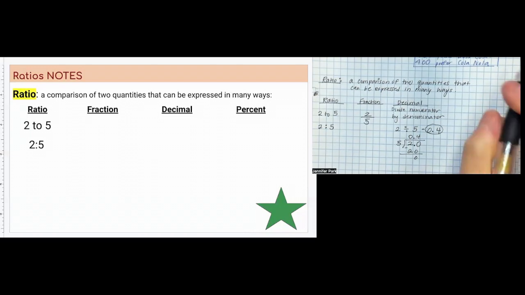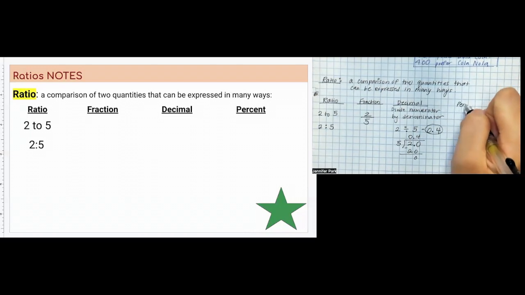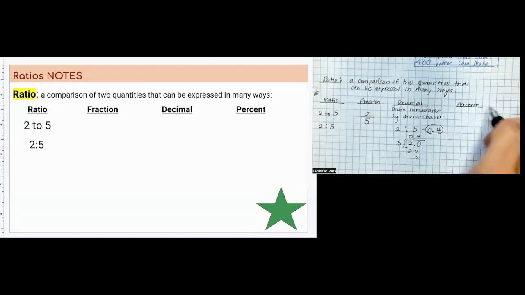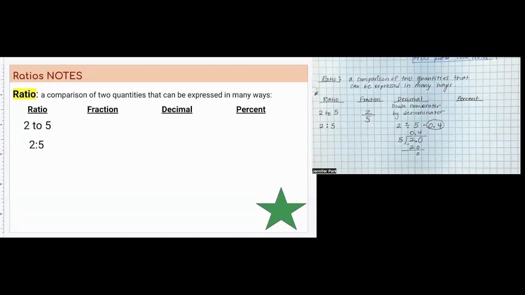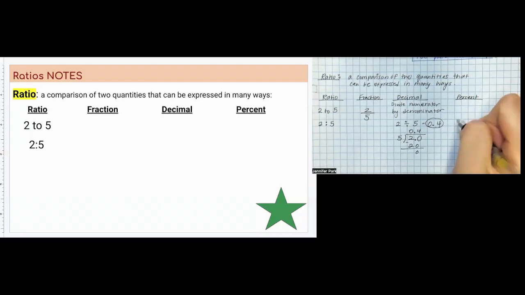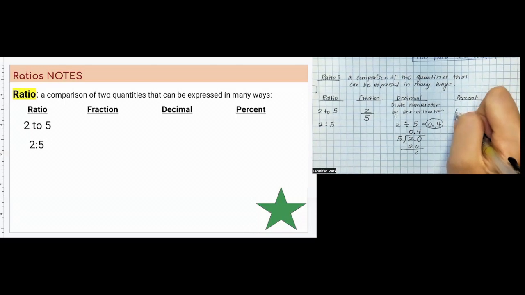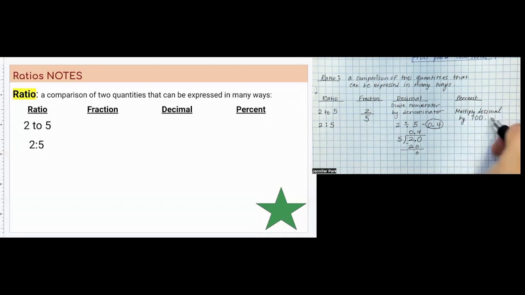Now the last one, important one: percent. How do we write it as a percentage? Percentage is very, very simple. You take the decimal and you multiply it by 100. A simple way to think about it is percentages are out of 100.